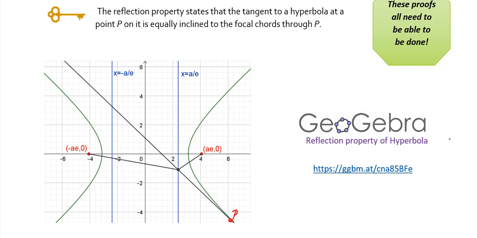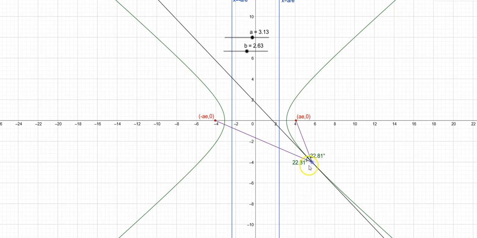So when we look at this diagram here, it's not all that good. Actually, I think we might jump to GeoGebra so we can see it more clearly. So here we have our point of contact and our tangent in black here, and we have the focal chord coming down here.